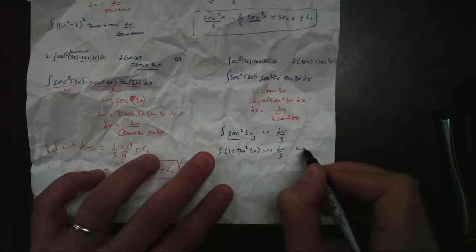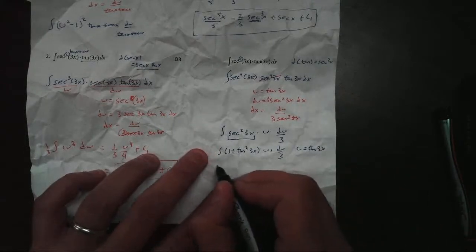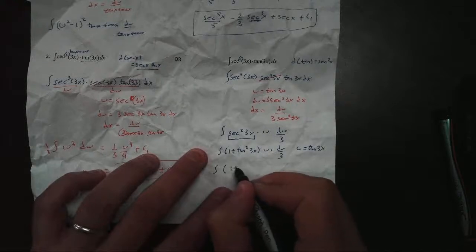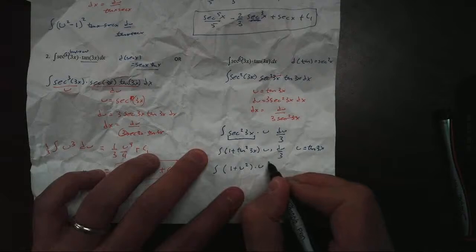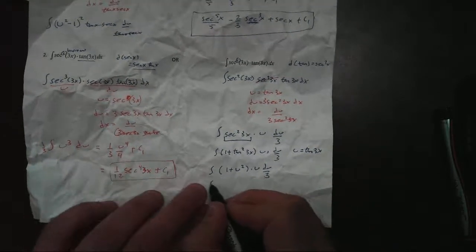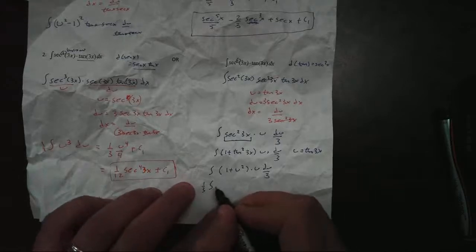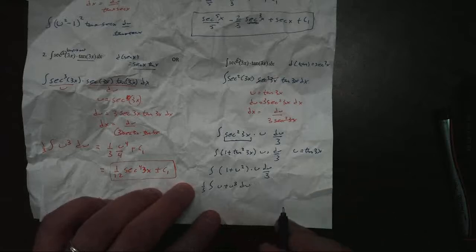Well, recall, we said u is the tangent of 3x. I can rewrite this now as the integral of 1 plus u squared times u du over 3. And if I simplify this just a little bit more, I get this 1/3 on the outside, and u plus u cubed du.